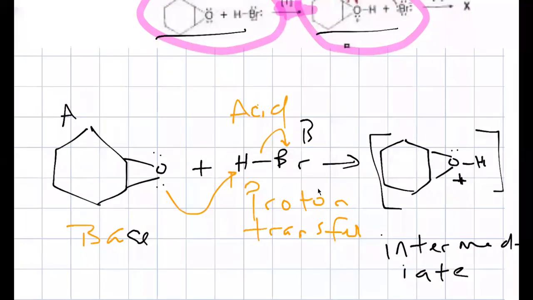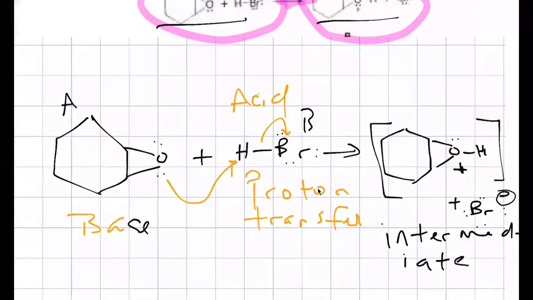Okay, let's not forget that because I lost bromine. And then it has 6 electrons around it here. All right, so I made a bond between O and H. Is that right? Yes. And I broke a bond between H and Br.